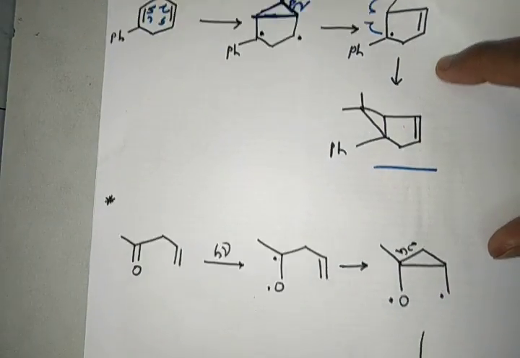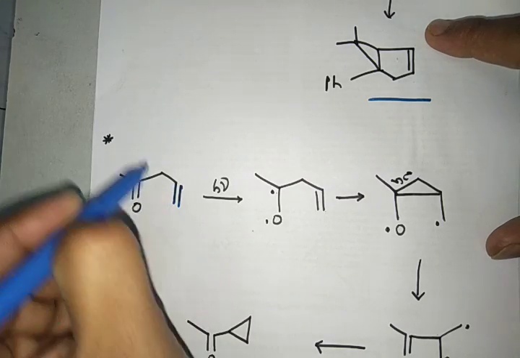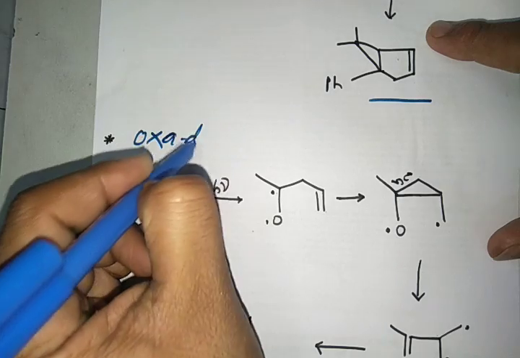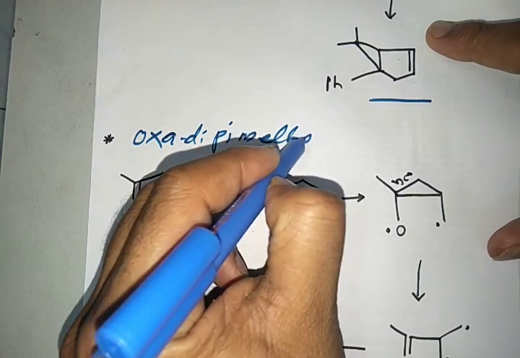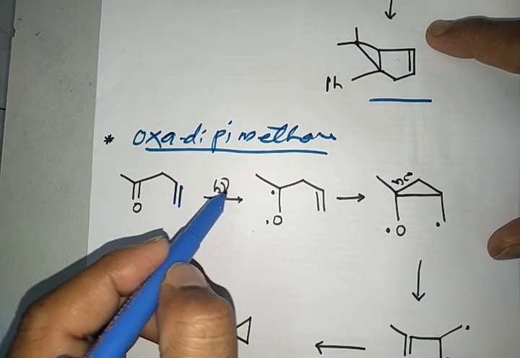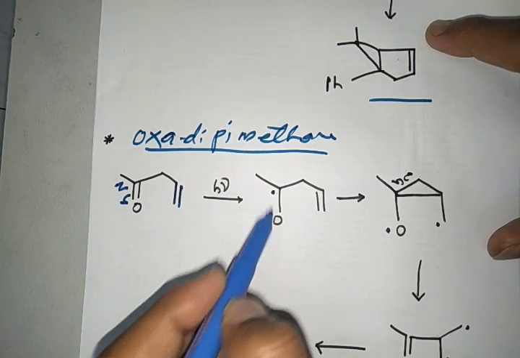Okay, let us go for this, which is not the di-pi-methane, we can call it the oxa-di-pi-methane rearrangement example. If you see here, a carbonyl is there. When it absorbs the energy, there is a breakage of this bond, and a radical will form.